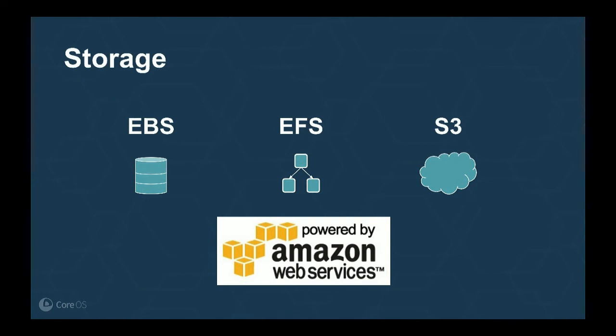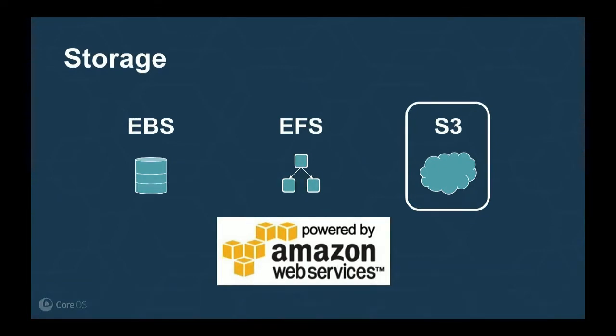Later, we have the newest type of storage system, called EFS, or Elastic File System, which is also available from Amazon to be consumed by its virtual machines. Lastly, we have S3, the object store provided by AWS, which provides a massive amount of storage availability.